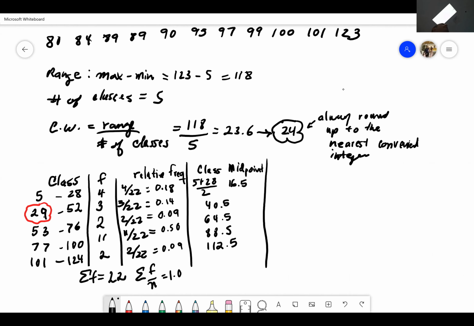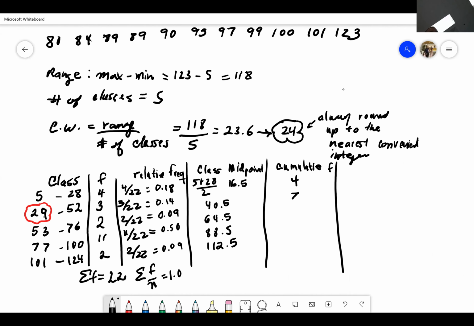All right, so now we have to do our class boundaries. Well, let me do cumulative frequency first. Remember cumulative frequency? By the time we get to 28, how many numbers will we have counted? 4. But by the time we get to 52, how many numbers would we have counted? What's 4 plus 3?